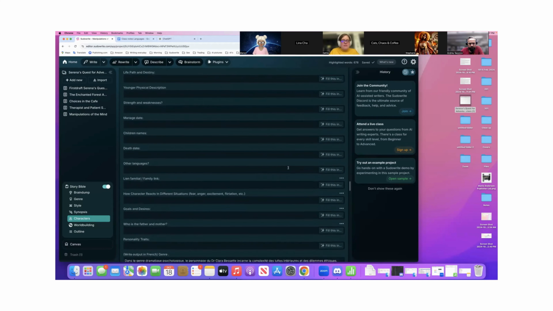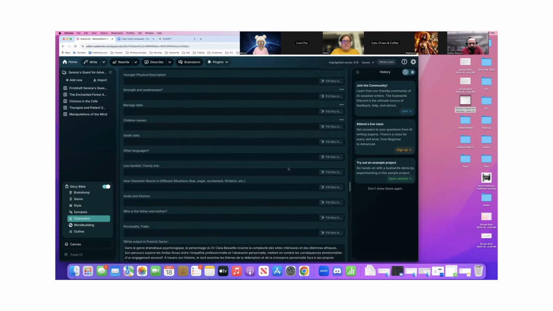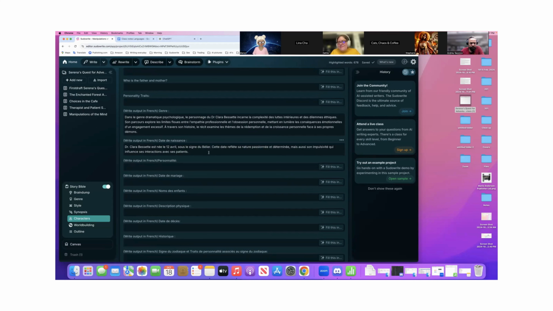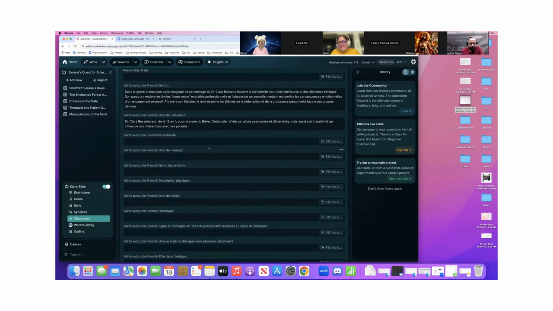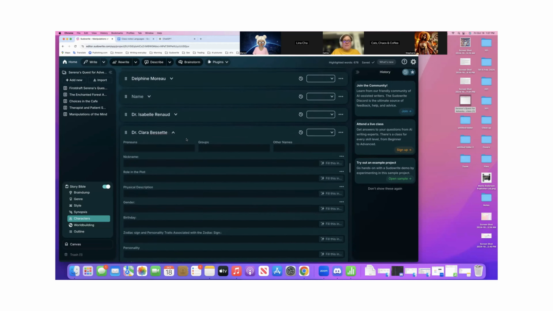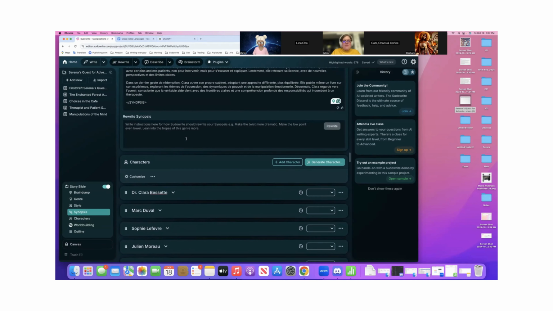So instead of generating all my characters, I would have to go one after the other and ask to generate just this part where it says, see, she's born on the 12th of April, her personality, just because all the output is in French, personality, blah, blah, blah. So sadly for our language, we still have to generate all the characters, unless we put down somewhere in the character box to generate everything in our language.